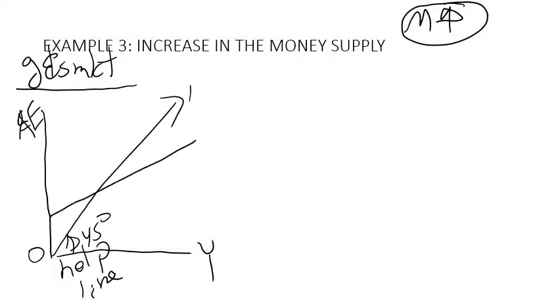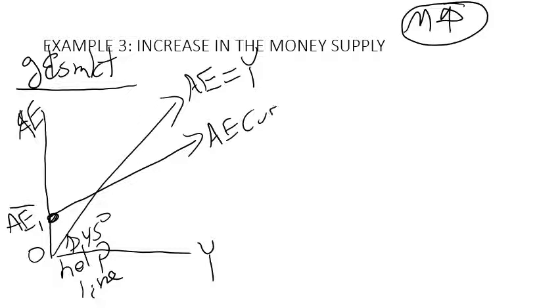Whoops, I forgot to mark that along the 45-degree help line. Aggregate expenditures are equal to national income. Here we have the level of autonomous aggregate expenditures. This is AE curve 1, our initial equilibrium, initial level of aggregate expenditures, initial level of GDP.